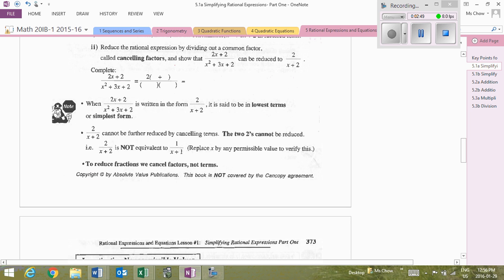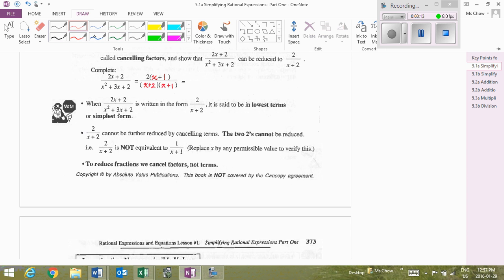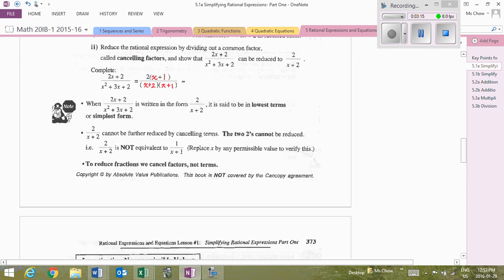Taking a look here, we want to cancel factors and not terms. If we take 2x + 2, we know that there's a common factor of 2, so factor that out. It's 2 times (x + 1). Factoring x² + 3x + 2 gives (x + 2)(x + 1). We know that (x + 1) over (x + 1) is 1 over 1.